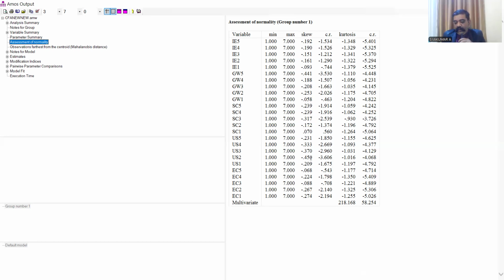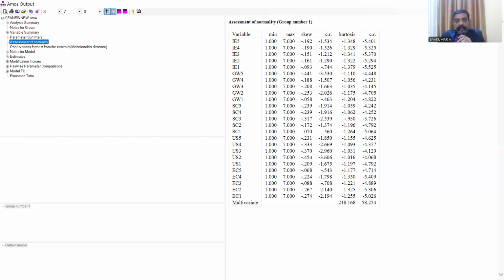If the value lies between -2 and +2, it is acceptable. That means the data is approximately normal. Here all values lie between -2 and +2. Data follows normal distribution on the basis of skewness and kurtosis. You can write that the distribution follows normal distribution. No problem.